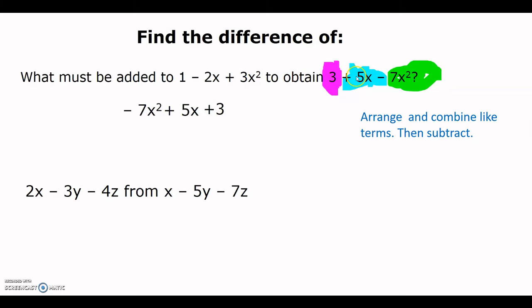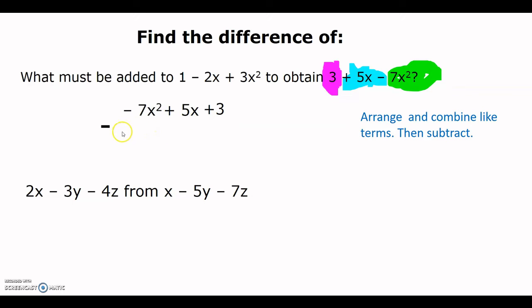Don't forget to copy the sign before the coefficient because it is part of the term. And as our subtrahend, we have 1 minus 2x plus 3x squared. Since 3x squared is a like term of 7x squared, we will put this 3x squared underneath.